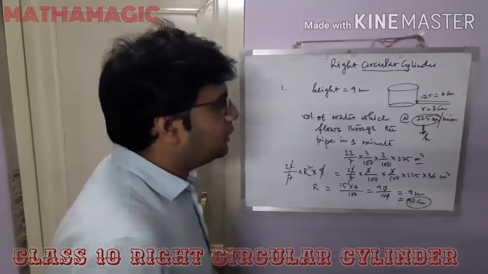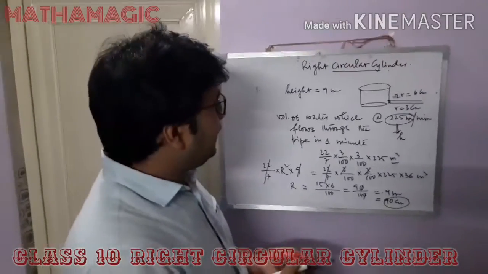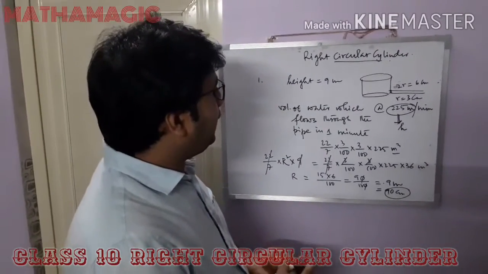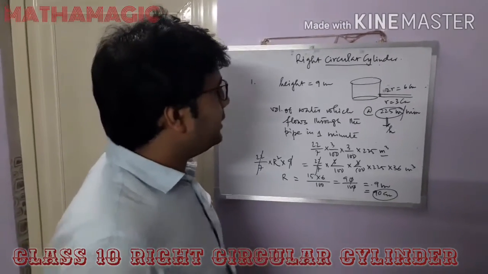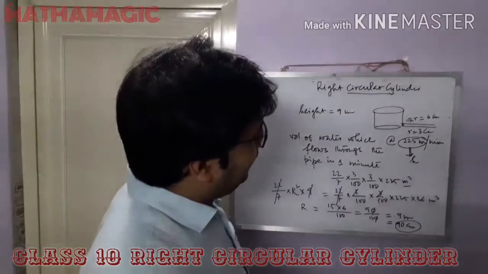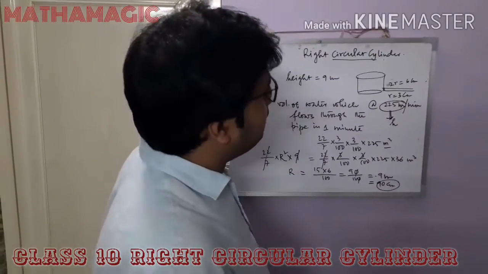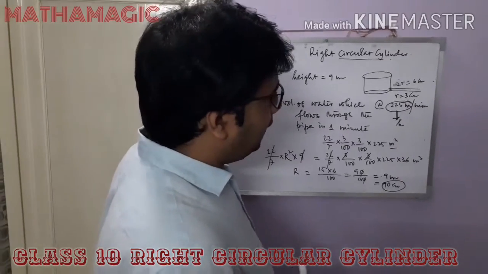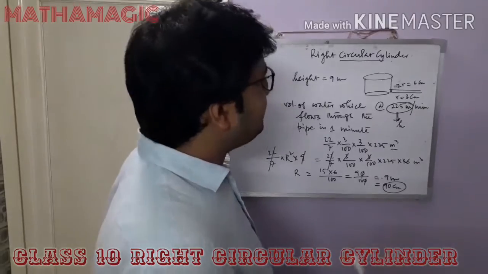So what is the logic which has been used here? The question states that one particular tank was there of height 9 meter, which is connected to a pipe, and water flows through that pipe outwards at the rate of 225 meter per minute. That pipe has a diameter of 6 centimeter, and in 36 minutes that pipe empties the tank.